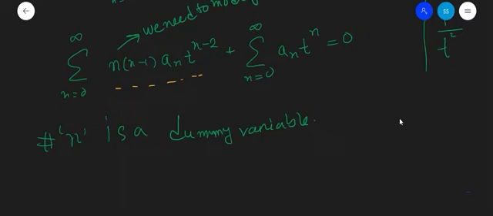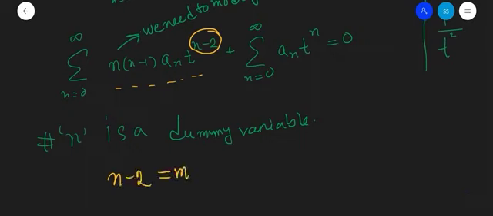And since for n equals 0 and 1 you are getting some negative power, what you want to do is take this power that's causing the trouble, this n minus 2, and replace it with m.